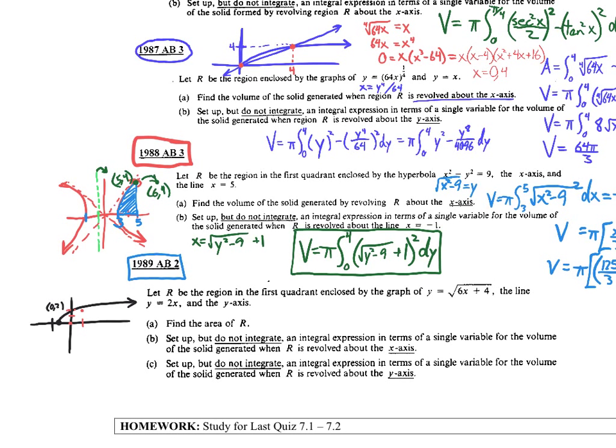Okay, but we have this line going like this. And they said it's enclosed by these two graphs and the y-axis. All right, so what area are we talking about here?